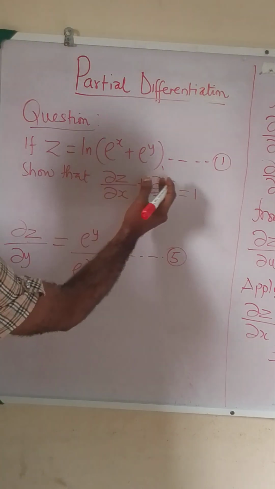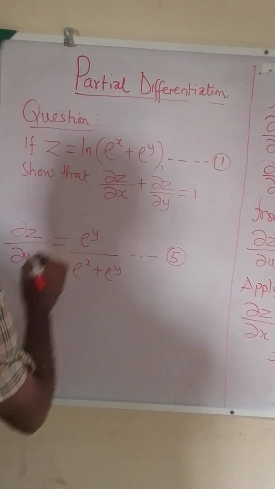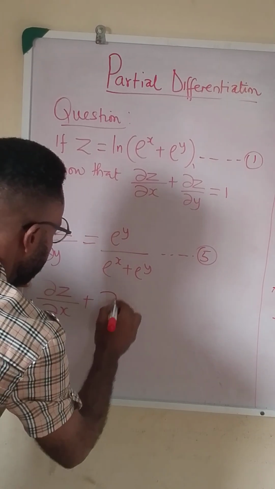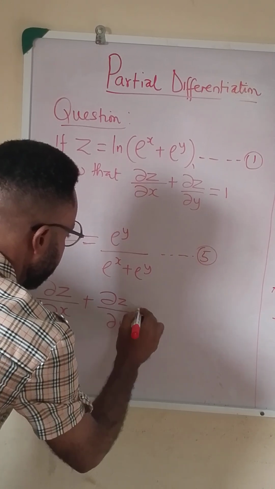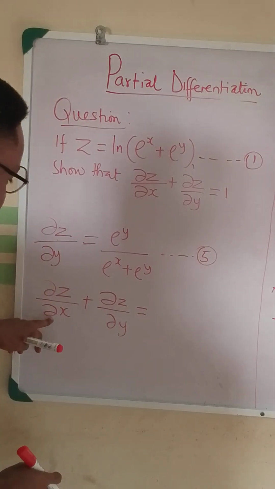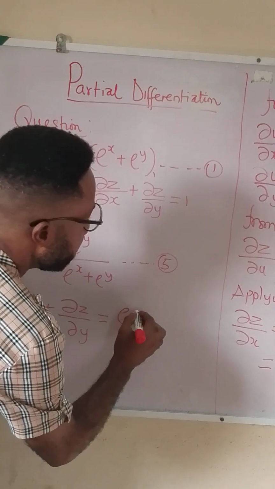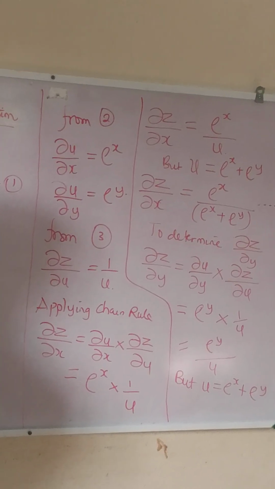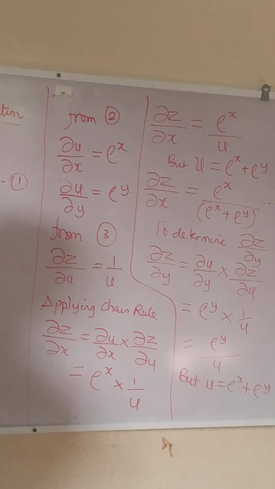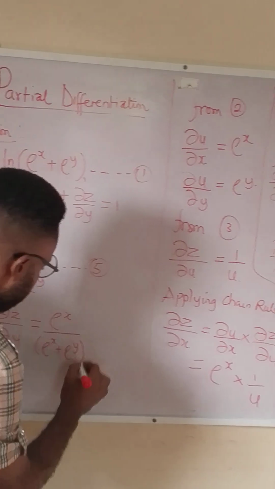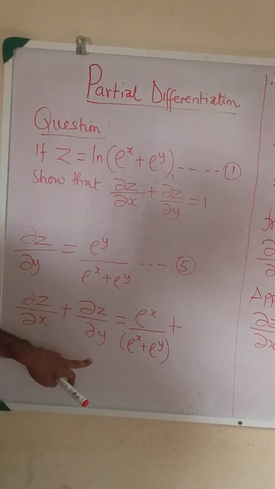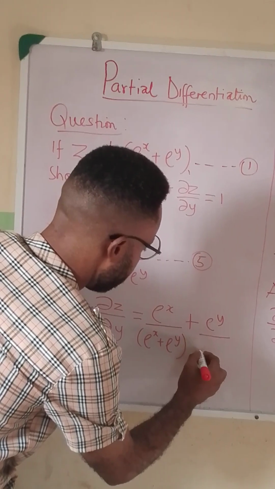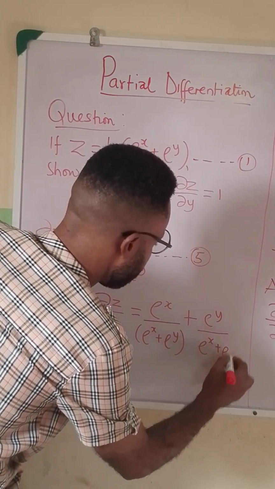So we take the left hand side: the partial derivative of z with respect to x plus the partial derivative of z with respect to y is equal to, the partial derivative of z with respect to x is e^x over e^x plus e^y, plus the partial derivative of z with respect to y, which is e^y all over e^x plus e^y.